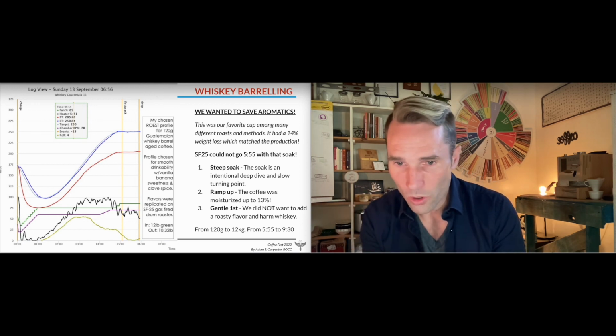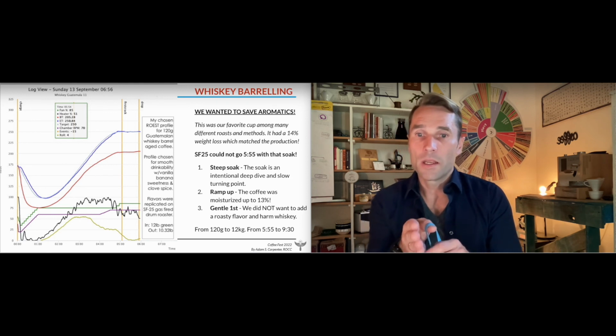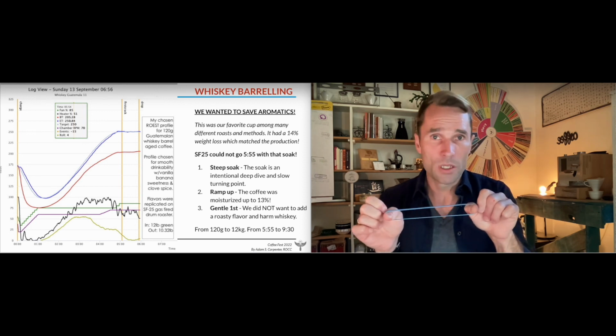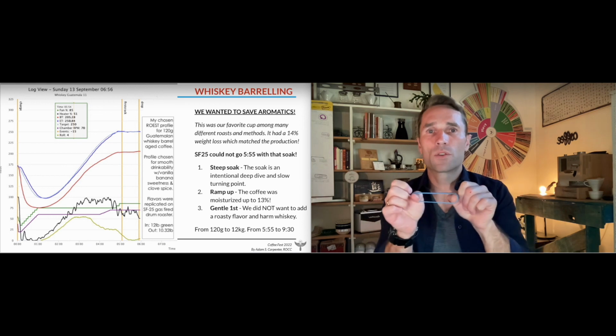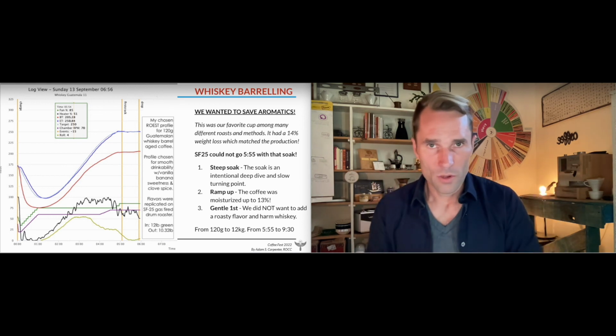And if we're reaching first crack at 5 minutes, 5 seconds, then on our production roaster, that means we need to be reaching first crack at 8 minutes, 45 seconds. And so everything was just kind of that same scaling, and we were able to set targets.